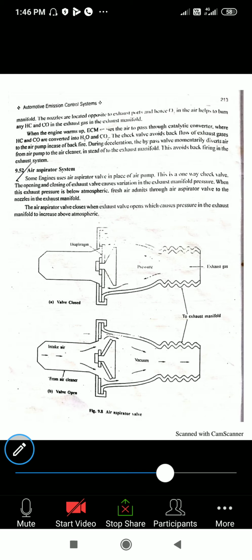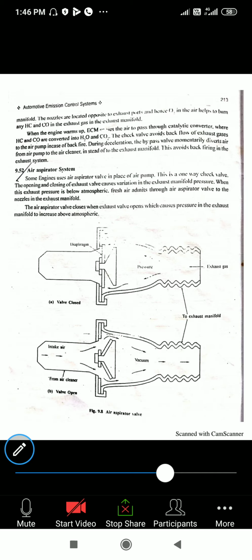Now you can see over here air aspiration valves are there. Some engines use air aspiration valves in place of an air pump. So the air is naturally sucked into the engine and supplied to the engine. This is how the air aspiration system works.